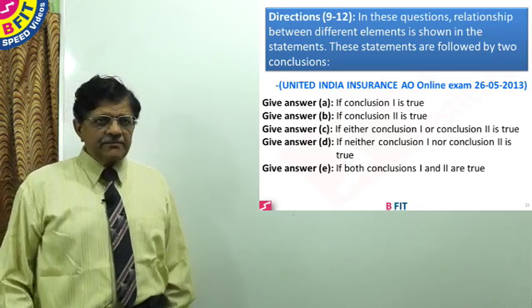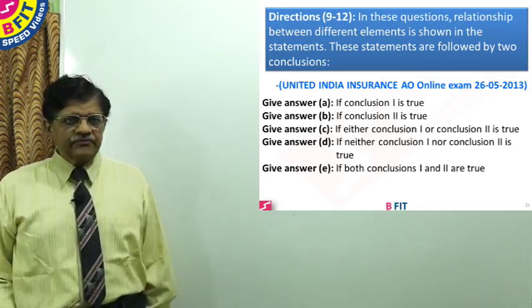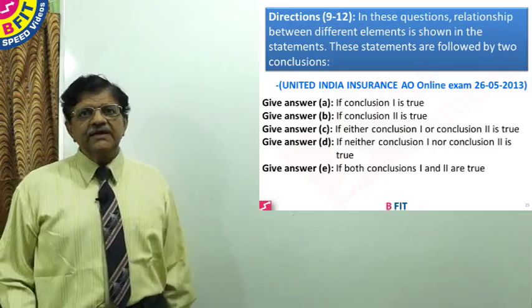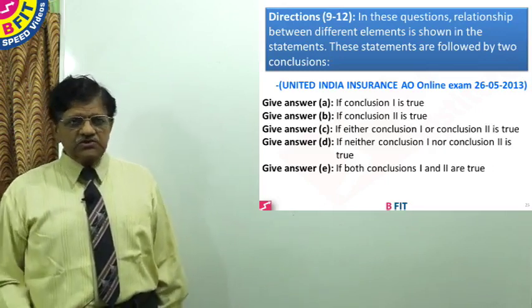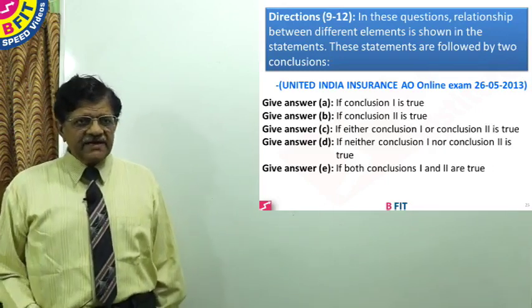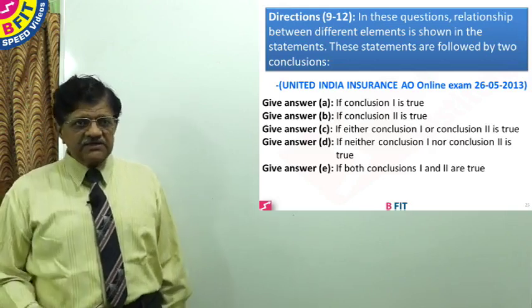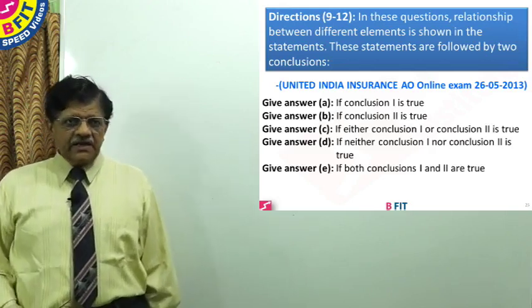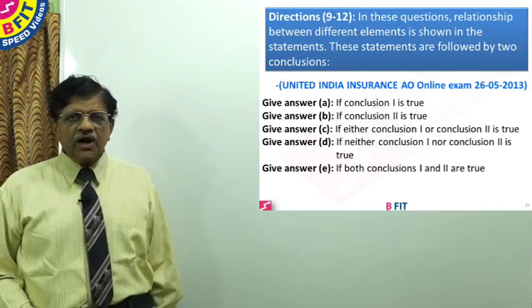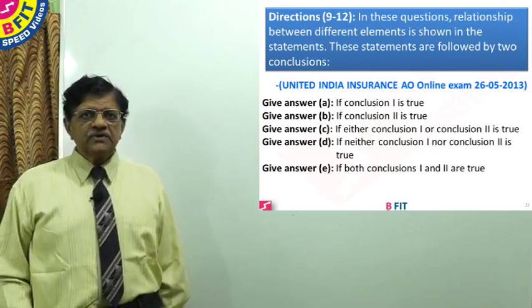We have to give answer B if conclusion 2 is true. We have to give answer C if either conclusion 1 or 2 is true. We have to give answer D if both conclusions are false, and we have to give answer E if both conclusion 1 and 2 are true.